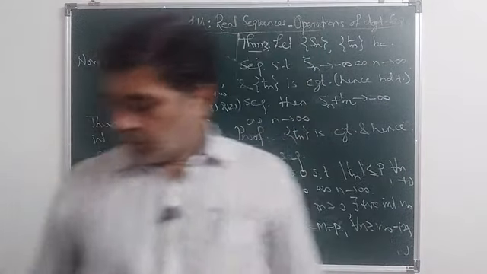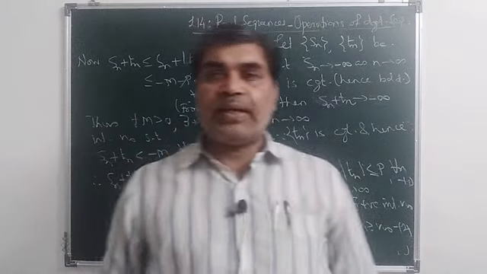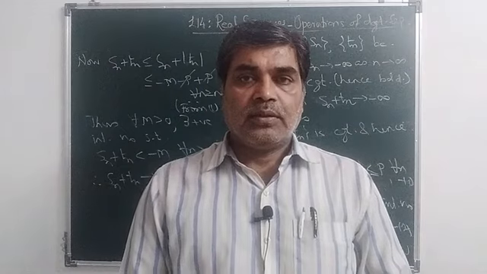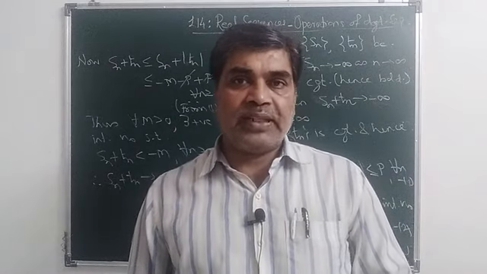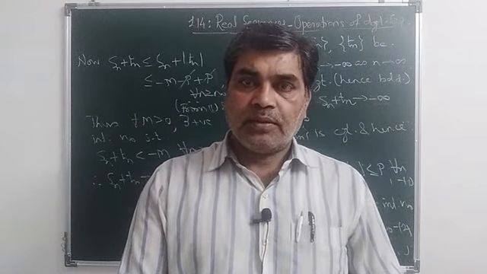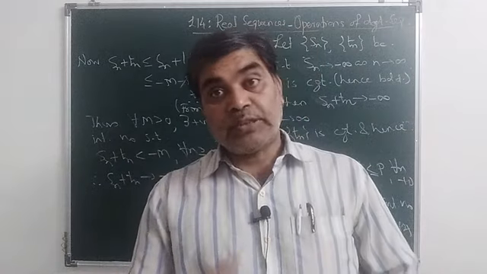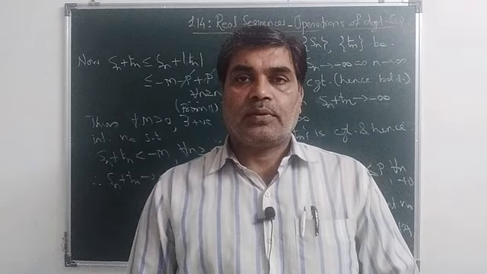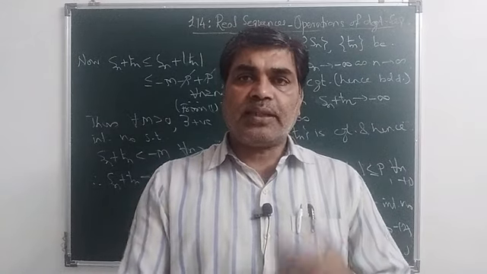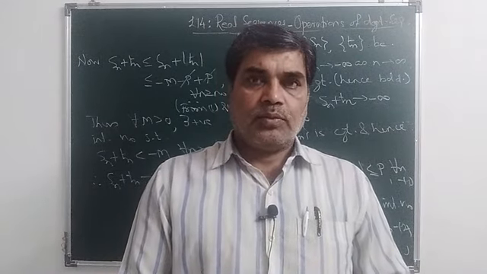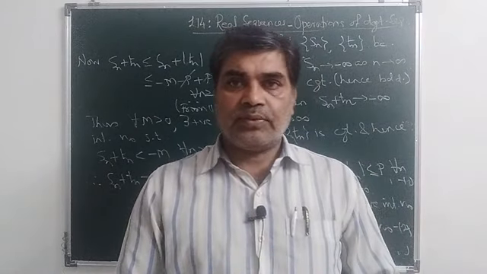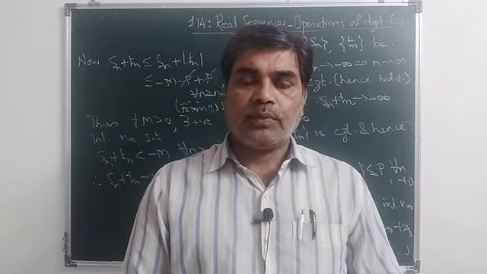Now, if you take one sequence diverging to infinity, other diverging to minus infinity, then their sum may not go to infinity, may not go to minus infinity. That sequence may be divergent, may be convergent.